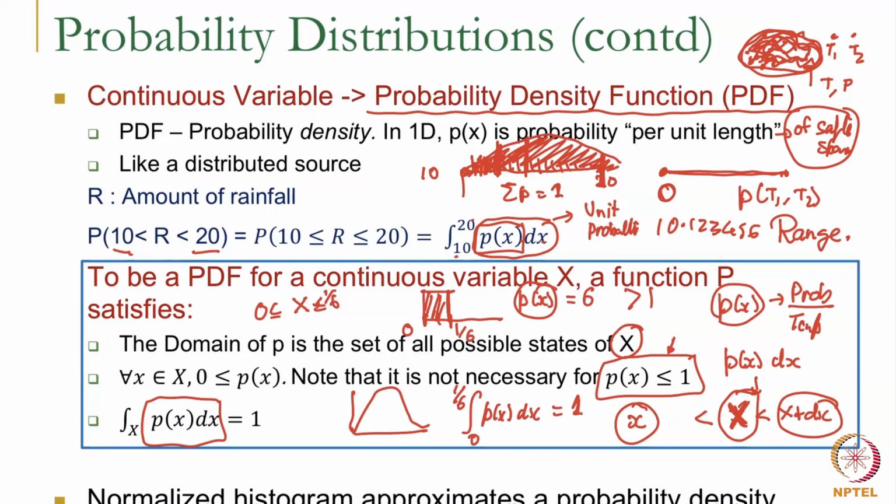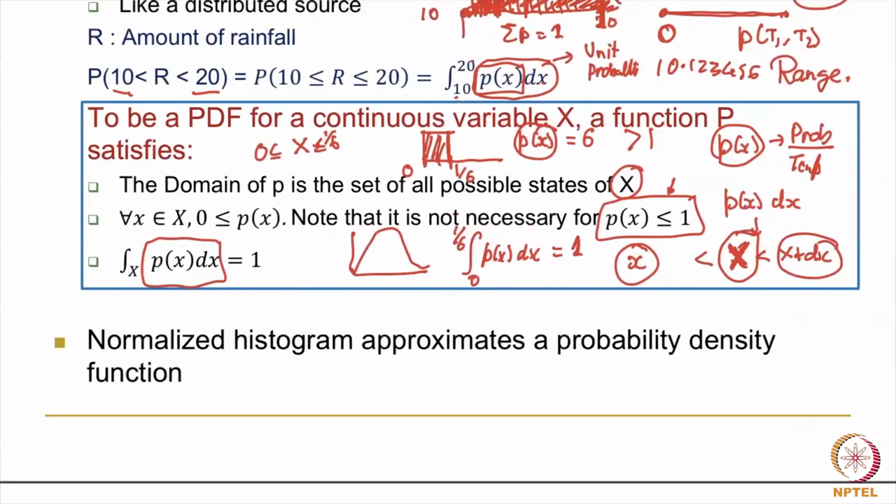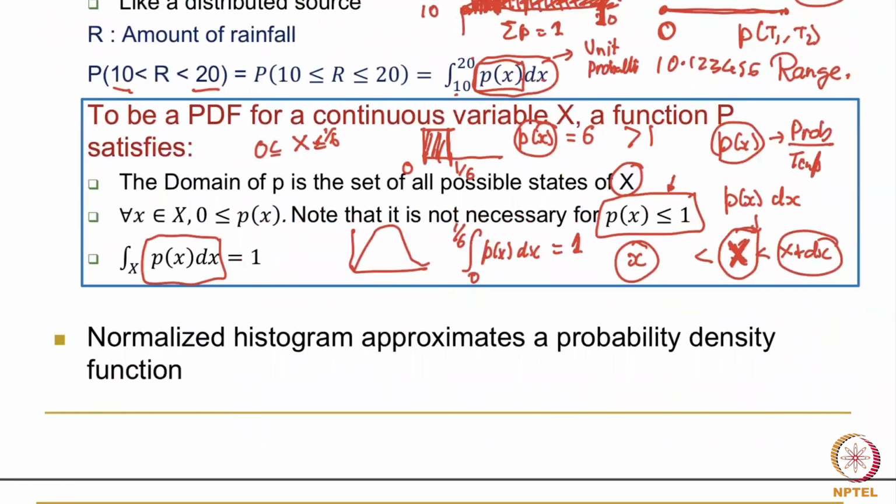If it is higher at that place, it's more likely for you to find the random variable. This is used very powerfully within quantum mechanics, and you will see this later on also. We will talk about this a little bit more when we come to the direct inverse problems in the next week. Now, a simple idea with which you can build this intuition is to make a histogram.